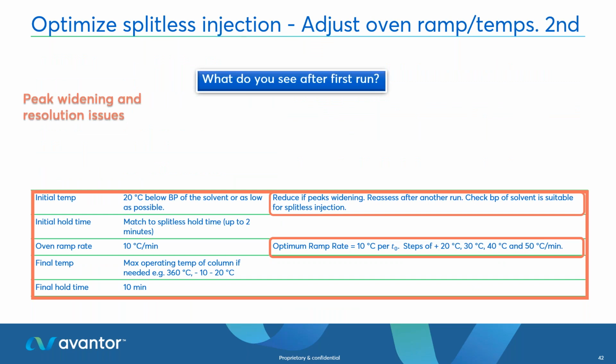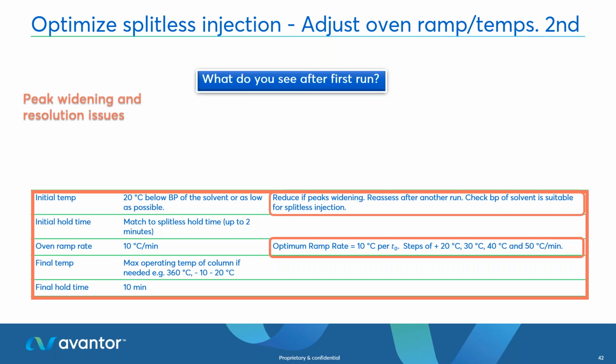The same goes again with oven parameters that you can change, but it's a little bit different with splitless because we have an initial hold time that we didn't have with split injections. We need to make sure this is matching the inlet hold time, the time it's injecting the sample and transferring it.